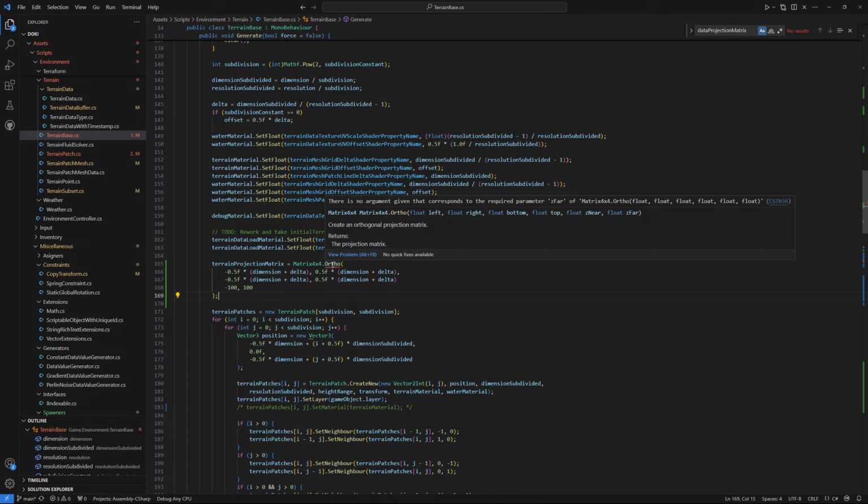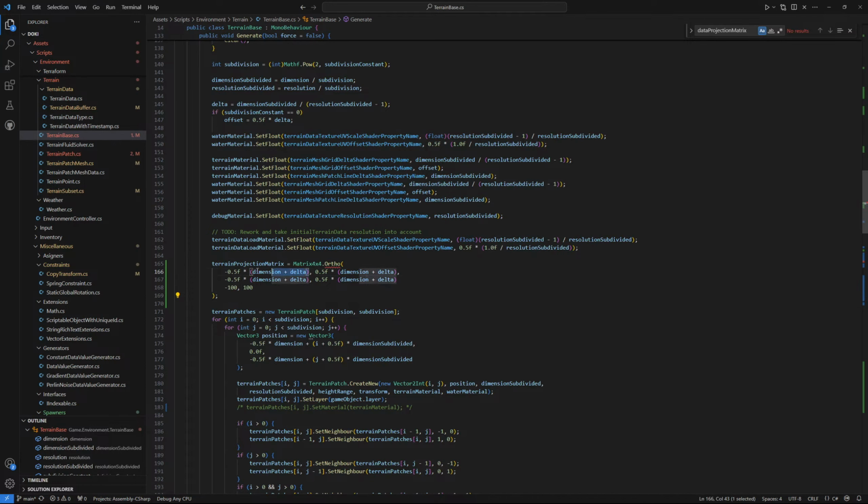Float, float. There we go. So we create the projection matrix here, the view matrix per terrain patch.